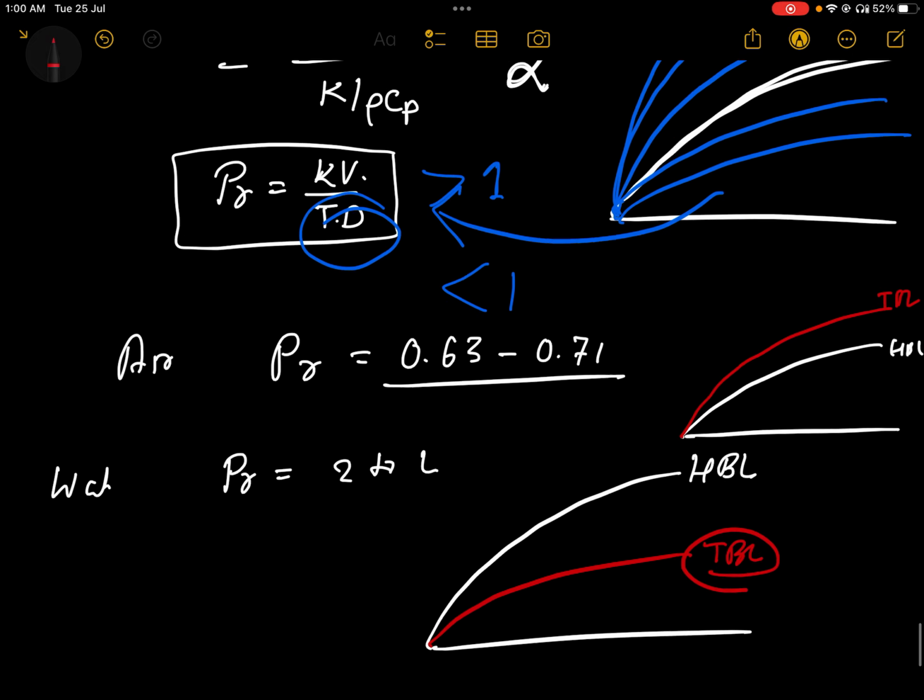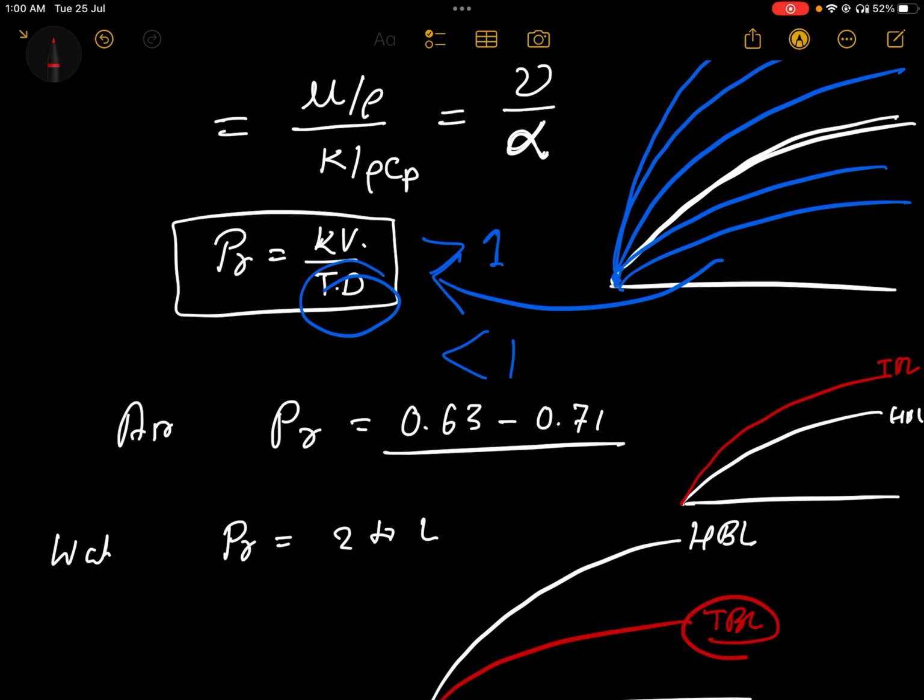One more thing to keep in mind is that liquid metals like mercury have very low Prandtl number. It means thermal diffusivity is more, so the thermal boundary layer will be very thick, since their k value, the thermal conductivity, is very high. That's why the thermal diffusivity is more than the kinematic viscosity.